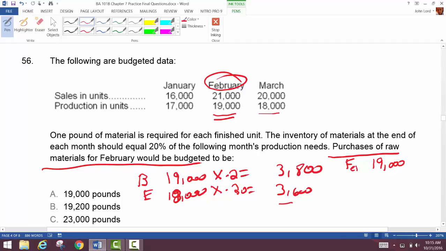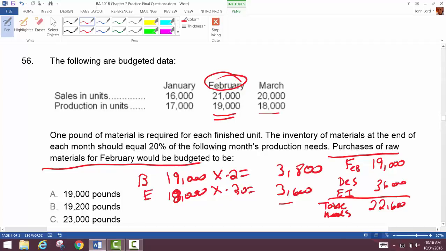Okay, so I'm going to go ahead and I'm going to add the desired, I call it the desired, the book does too, the desired ending inventory of 3,600? Yes. Okay, good. So that gives me a total needs here of 22,600.